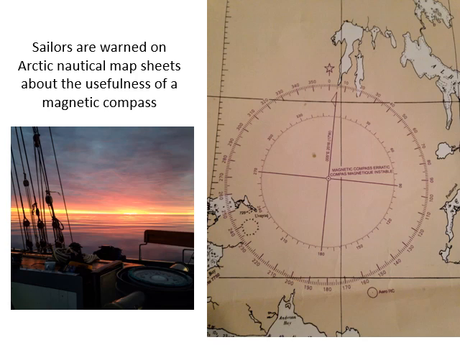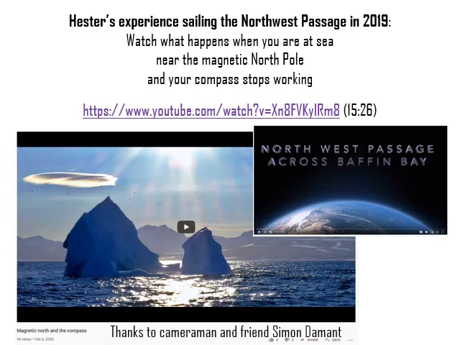If you're sailing in a certain area where the magnetic field has too large an inclination to use it, it will actually indicate on these nautical maps that the magnetic compass is, for example, erratic or useless. Here you see an example in the Canadian North where it tells you that the magnetic compass is erratic.